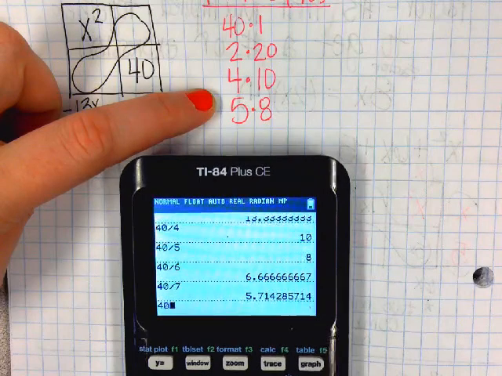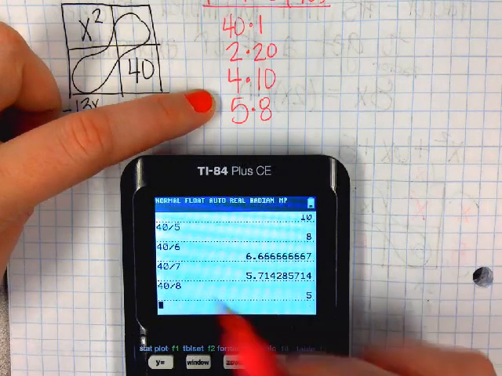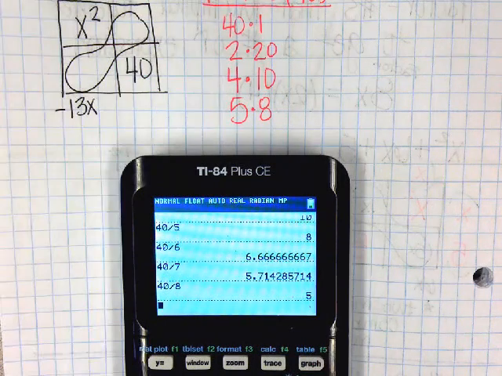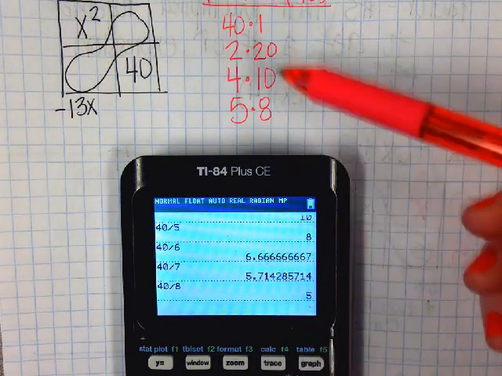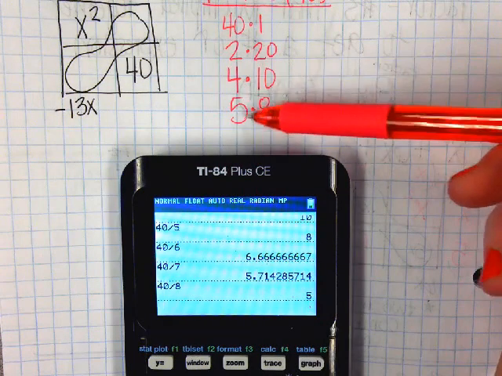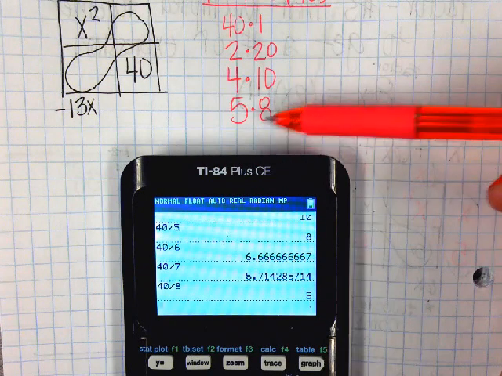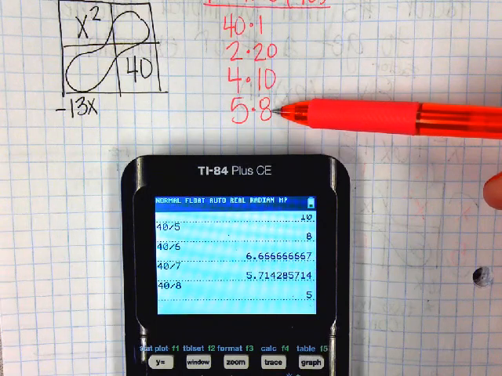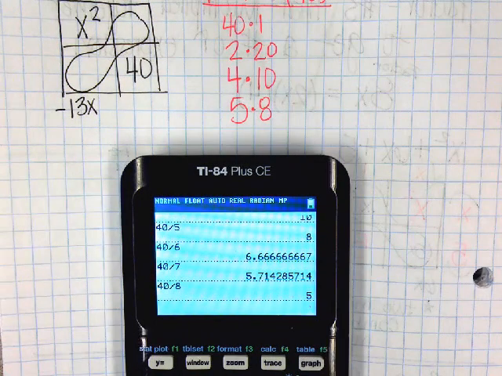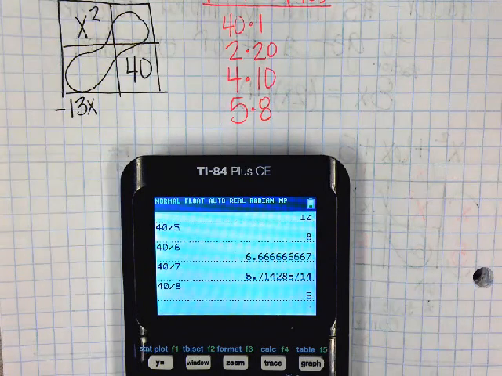40 divided by 6, 40 divided by 7, 40 divided by 8, and that gives you the one that you've already done. The thought I always have is if I went 1, 2, 3 didn't work, 4, 5, 6 didn't work, 7, and then I already have 8 listed, so you know you can stop there.